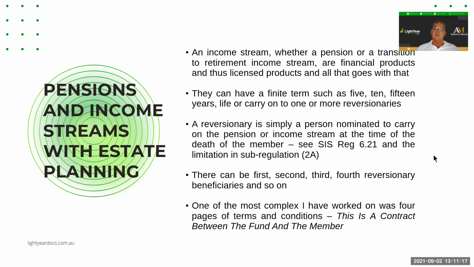So let's just say that Sally can't commute it, remember? That means she can't convert it into a lump sum at any point in time. She must take the minimum that's required under pension laws, but the maximum, let's say, is going to be 10%. So she can't take a pension any more than 10% of the underlying value of the pension.